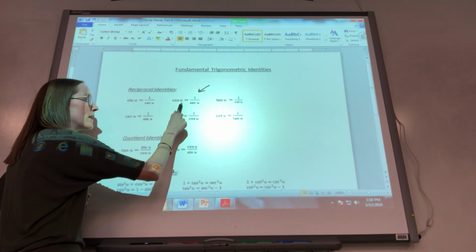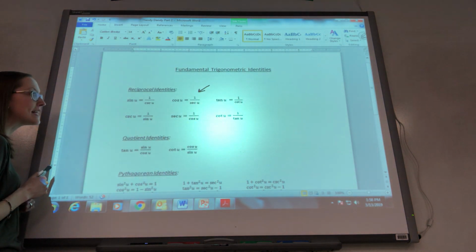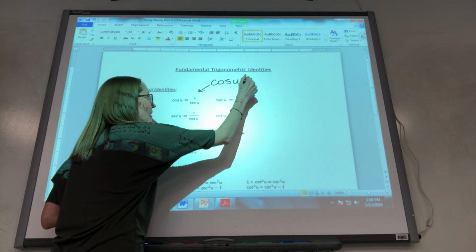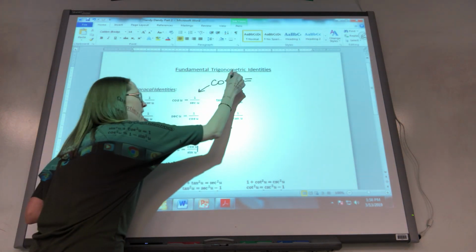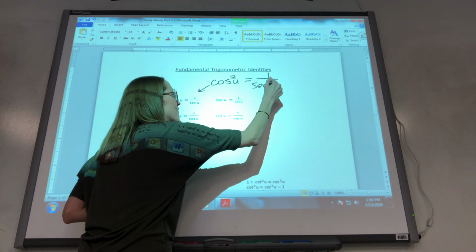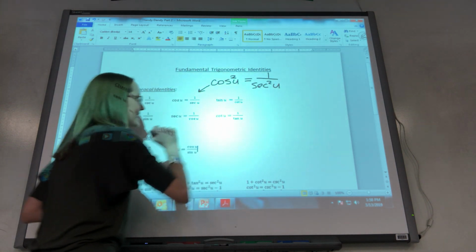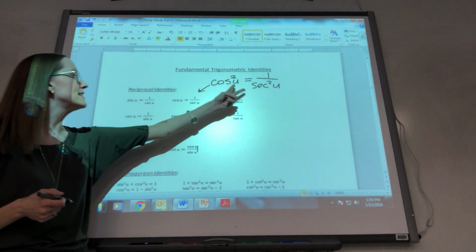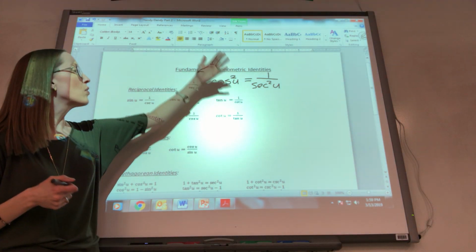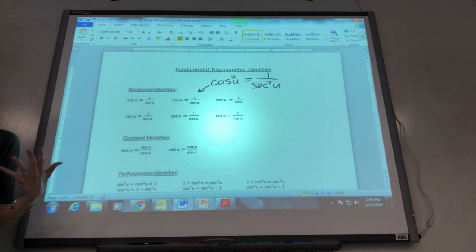For example, I'm using cosine and secant with this example, so I'm going to go with these right now. Cosine of u equals 1 over secant of u. You can take that identity and you can square everything in it. You can also say that cosine squared of u equals 1 over secant squared of u.